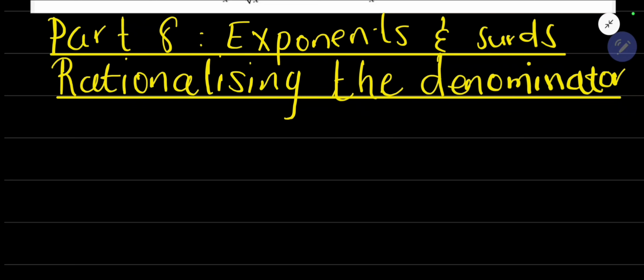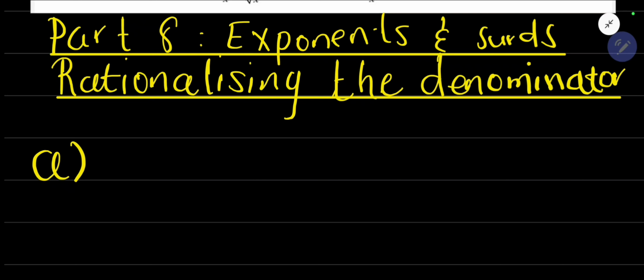The principle of rationalizing the denominator is to remove the surds, the irrational numbers, in the denominator. So always when we are asked to rationalize the denominator, it means that our denominator is in the form of a surd.